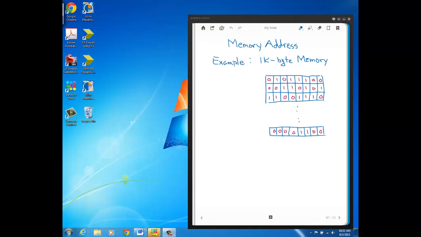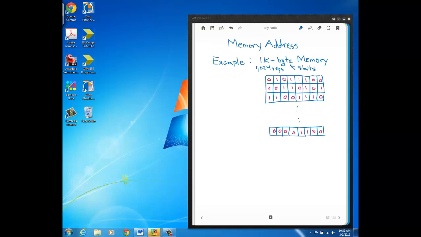Okay, this is the second part of the basics of memory, and what we're going to talk about first of all is what a memory address is. So in this example we have 1K byte of memory, so remember that means we have 1K or 1024 registers, and each register can hold 8 bits, right?